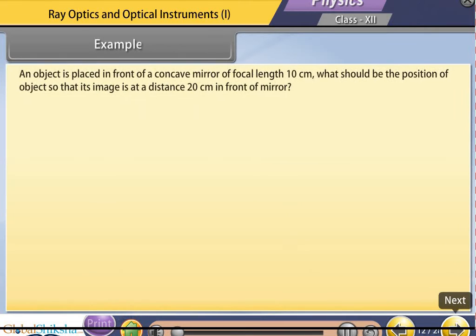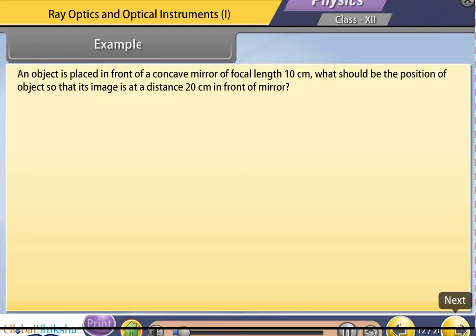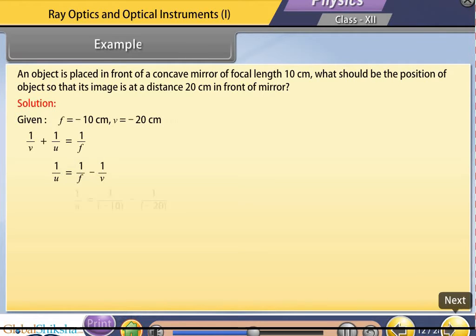Example. An object is placed in front of a concave mirror of focal length 10 centimeters. What should be the position of the object so that its image is at a distance of 20 centimeters in front of the mirror? Solution. Given f is equal to minus 10 centimeters, v is equal to minus 20 centimeters. 1 by v plus 1 by u is equal to 1 by f. 1 by u is equal to 1 by f minus 1 by v. 1 by u is equal to 1 by minus 10 minus 1 by minus 20.